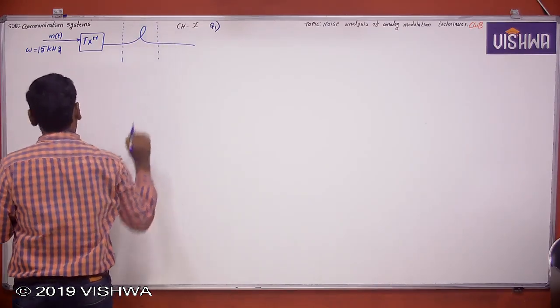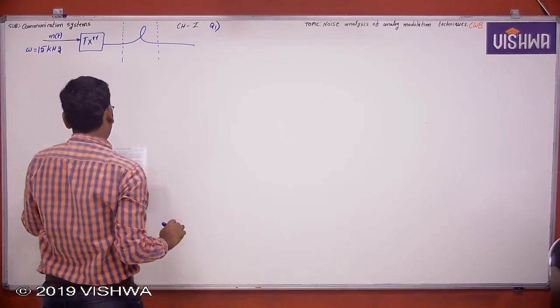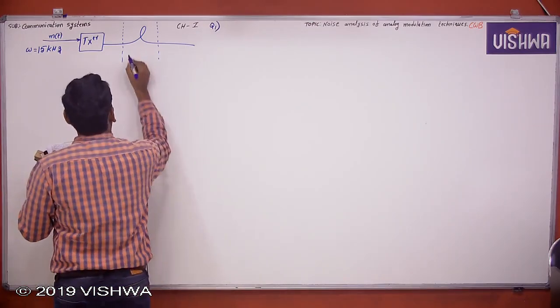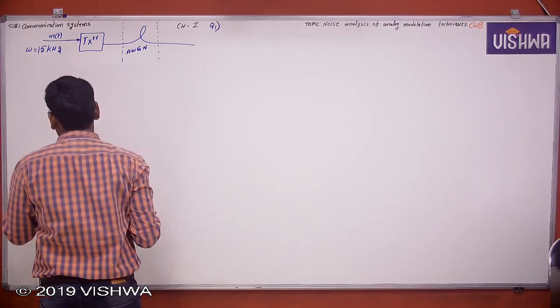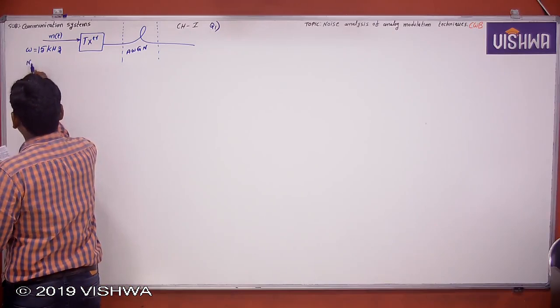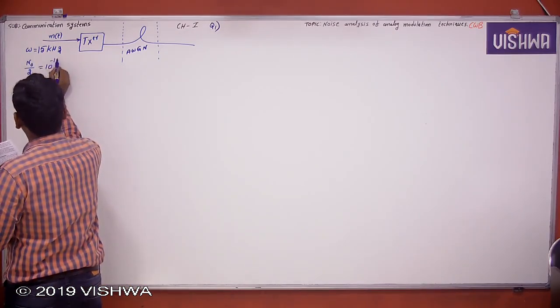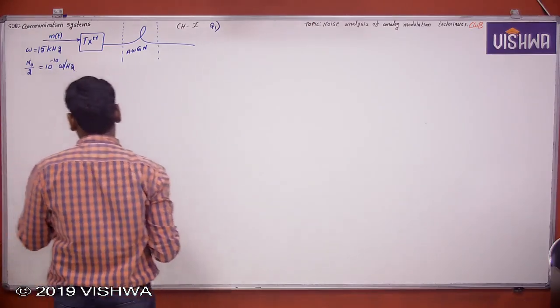The channel is affected by additive white Gaussian noise, whose two-sided power spectral density, double-sided power spectral density, is N0 by 2, which is 10 power minus 10 watts per Hz, wideband noise.